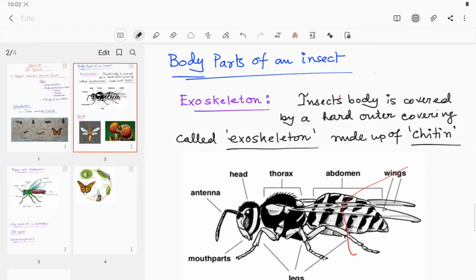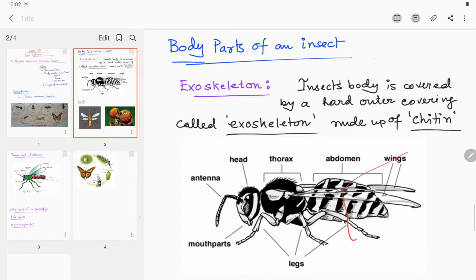If you touch any beetle, any bee, or any ant, you can feel that their body is made up of chitin, a hard covering, right? So this provides protection, necessary support, and flexibility to their body. Which one? This chitin or exoskeleton, you can say.